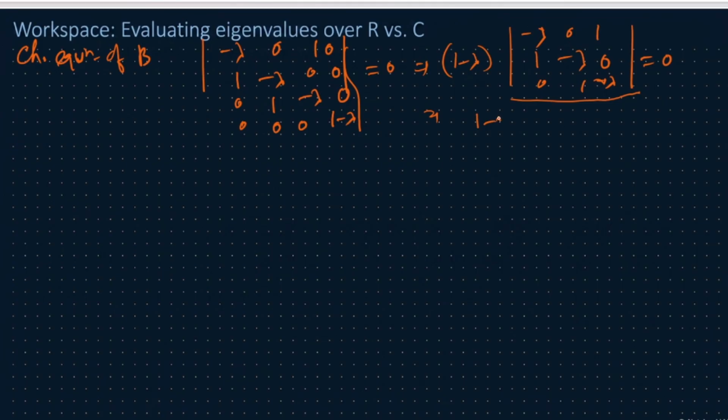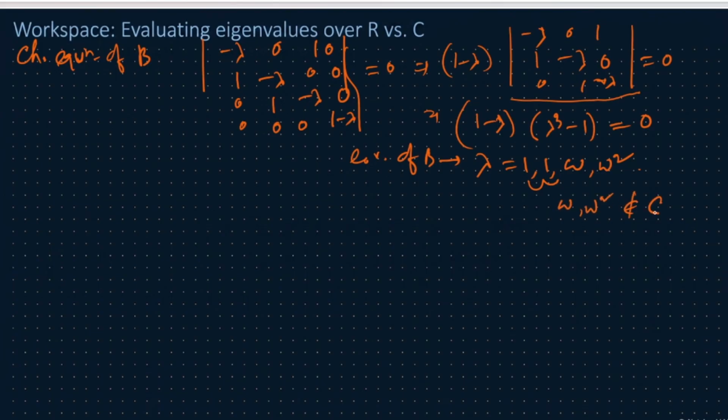Therefore, we get 1 minus lambda into lambda to the power 3 minus 1 equals 0. Therefore, lambda equals 1, 1, omega, omega square. These are the eigenvalues of matrix B. Here 1 is a repeated root, and omega and omega square also belong to C.